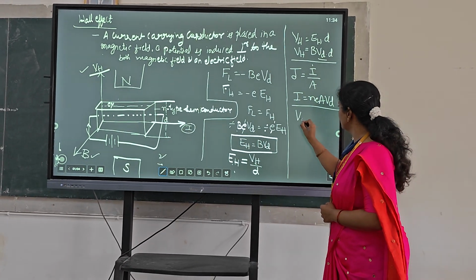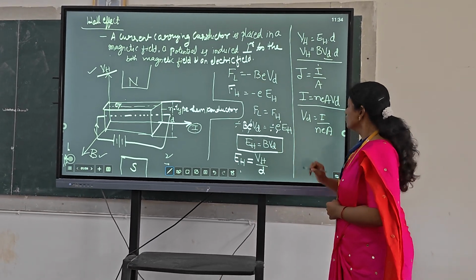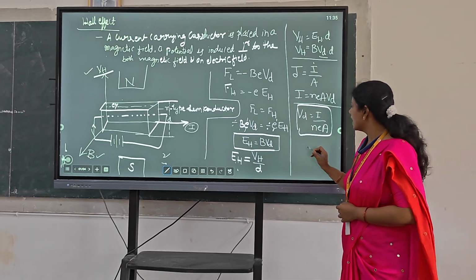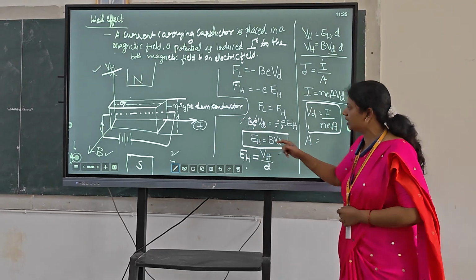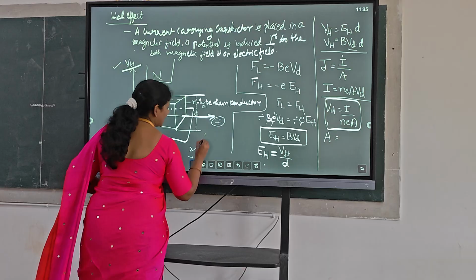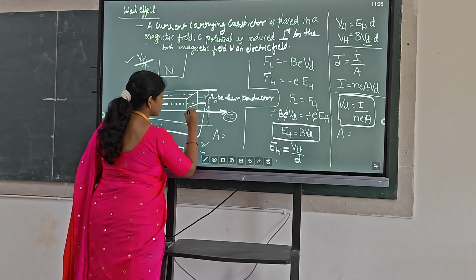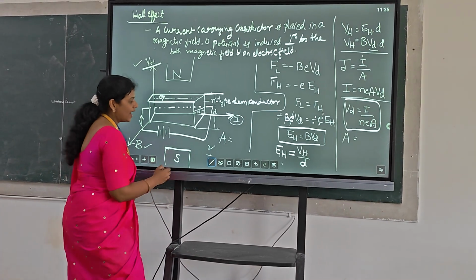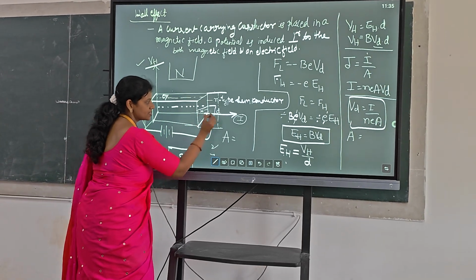If you take VD, it is I divided by NEA. I am putting this term in a box, and here we can substitute the area A of the rectangular slab we are considering. To define this area, we have to consider the thickness. The thickness of the slab I denote as W, and the distance between the upper surface and the lower surface is small d.